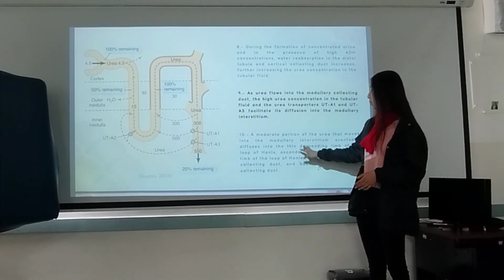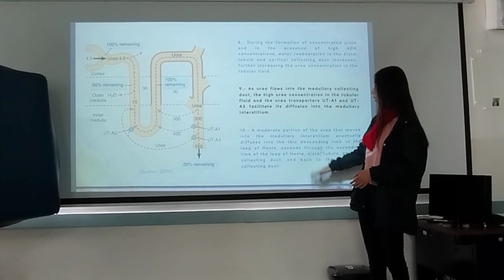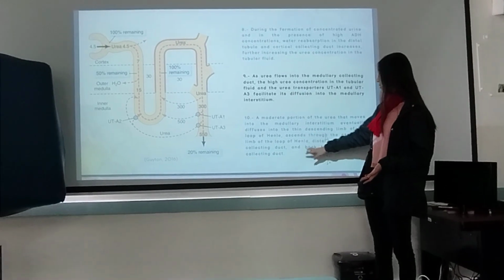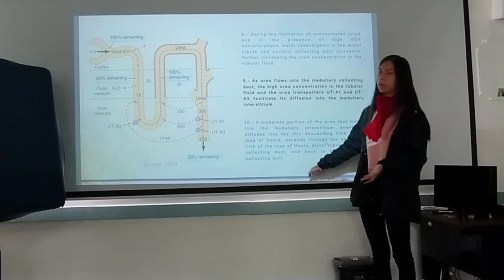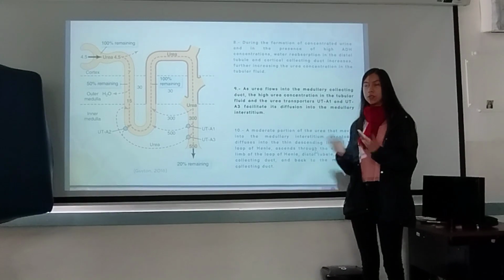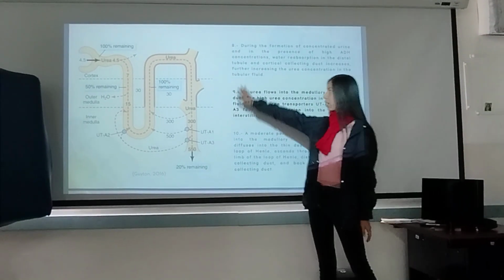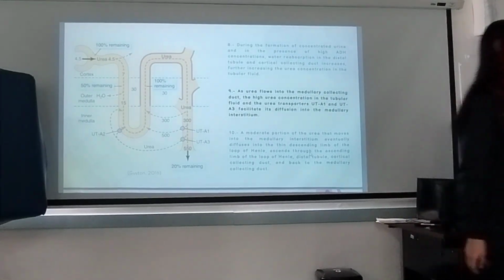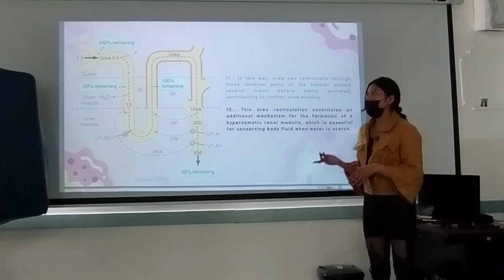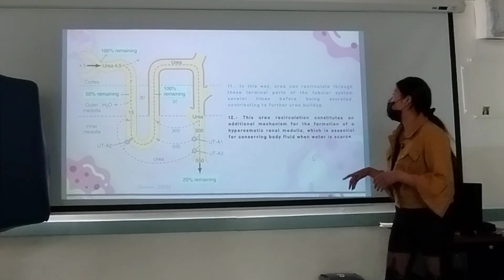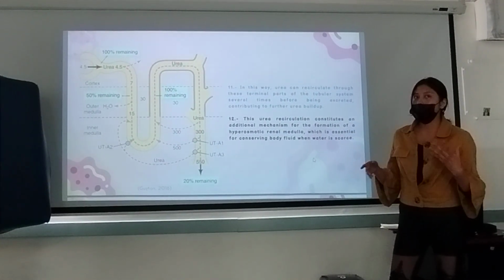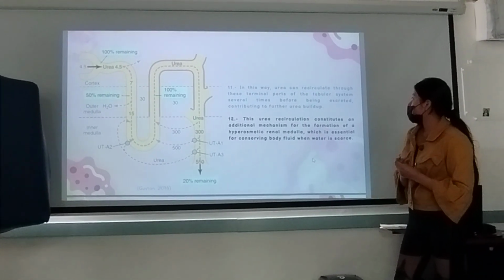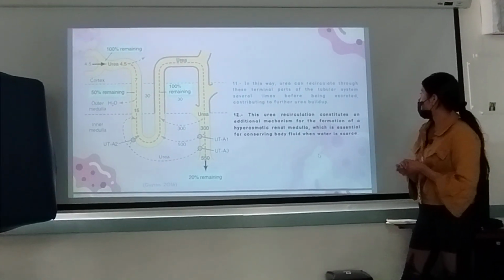And a moderate portion of the urea will diffuse into the thin descending limb of the loop of Henle, then ascend through the ascending limb of the loop of Henle, then to the distal tubule, and then to the cortical and medullary collecting ducts. In this way, urea can recirculate through these terminal parts of the tubular system several times before being excreted.